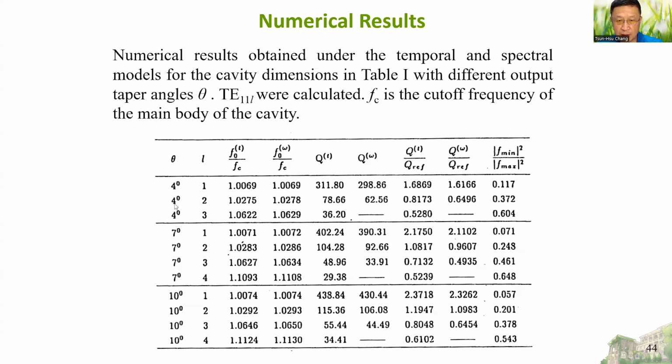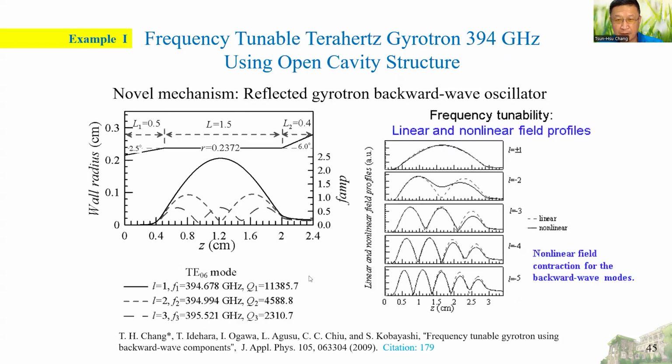For L equal 1, 2, 3, this is the time domain resonance frequency, and for spectral domain, the frequency is obtained by sweeping the frequency. Quite similar, but slightly different. Okay, and we use this software. So we use a cavity like this one. Let me give you two examples.